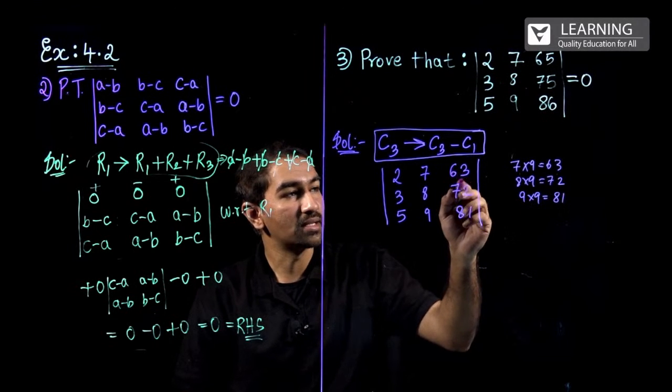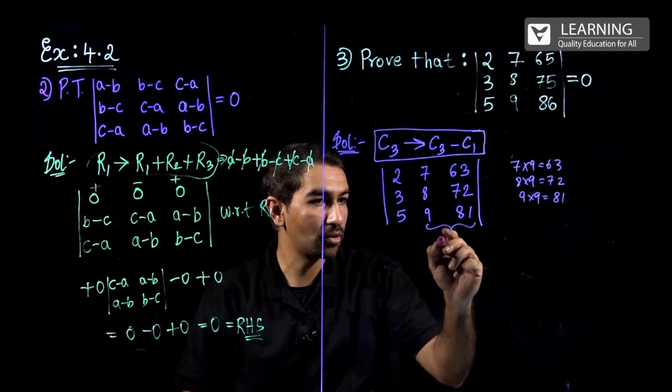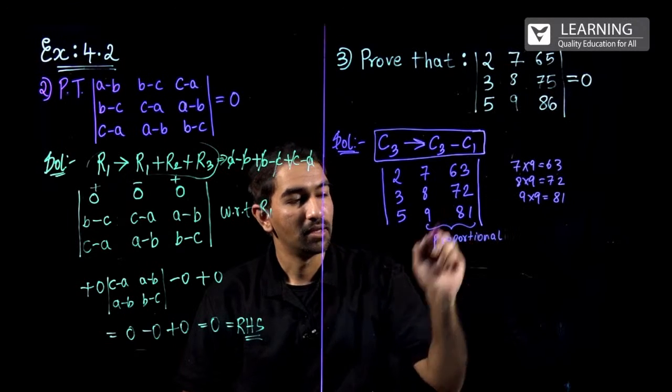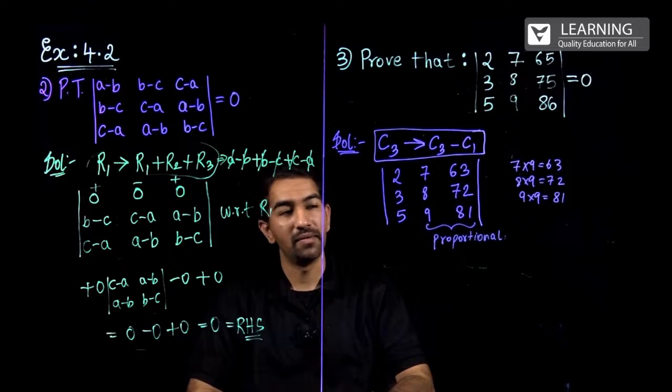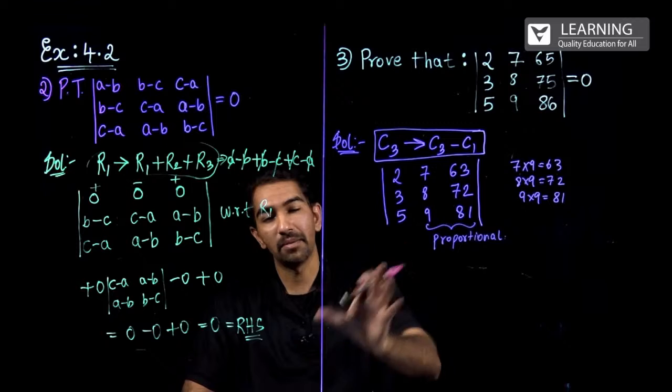So what can we tell about these now? These both columns are proportional. And the very first property in the synopsis that we have discussed in the classes is, if any two rows or columns of a determinant are identical or proportional, then the value of the determinant is 0.